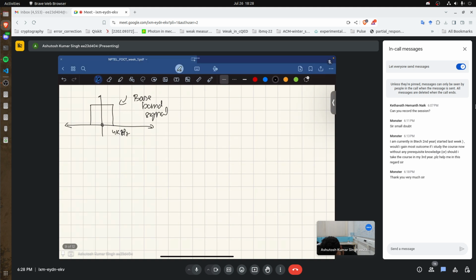When the same frequency content gets moved away from the origin, this is your origin, to some frequency omega, and it was here, this is called a bandpass signal.